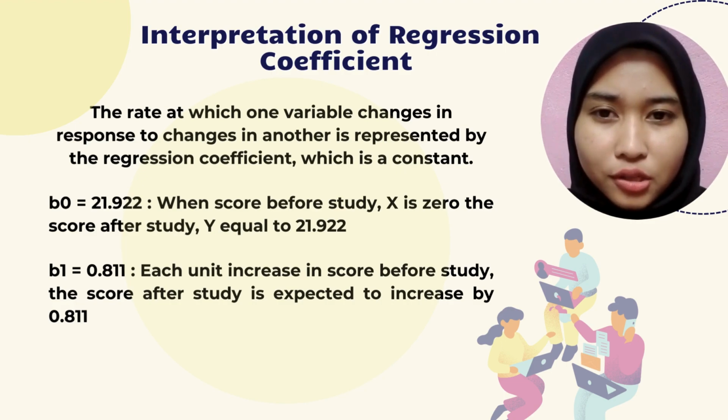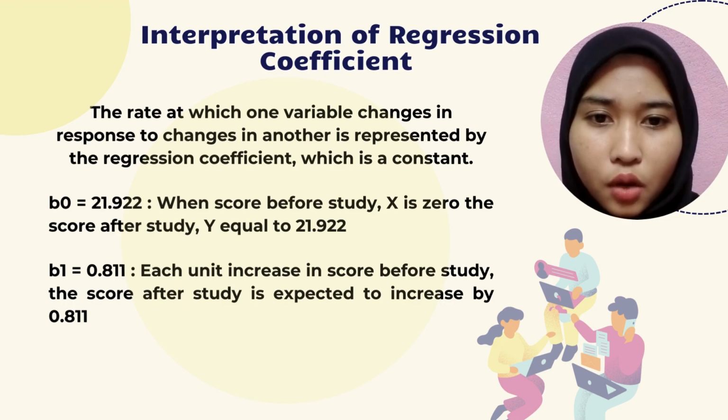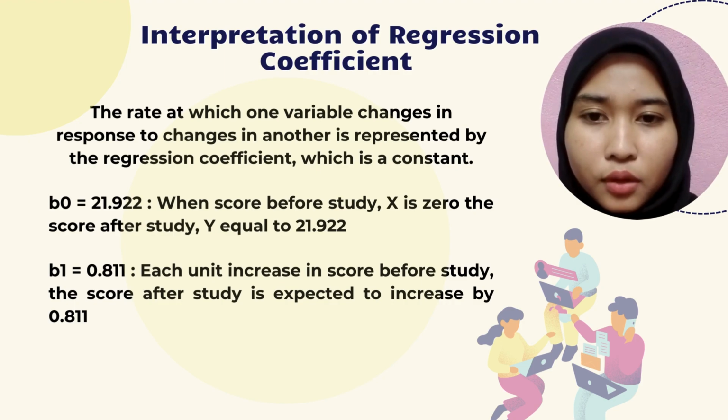Interpretation of the regression coefficient. The rate at which one variable changes in response to a change in another is represented by the regression coefficient. B0 is a constant, 1.922: when the score before study x is 0, the score after study y is equal to 1.922.